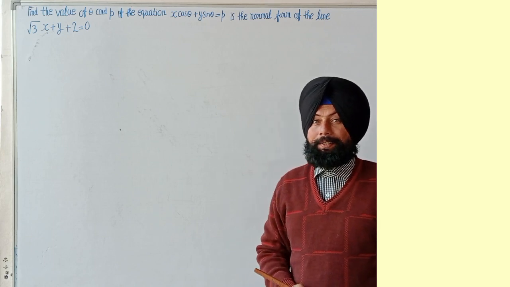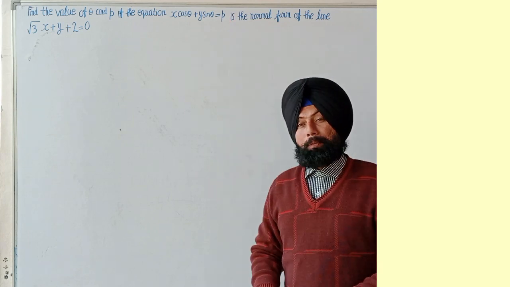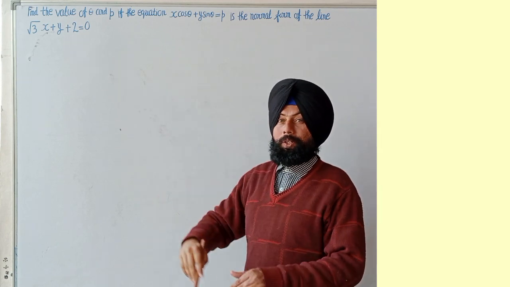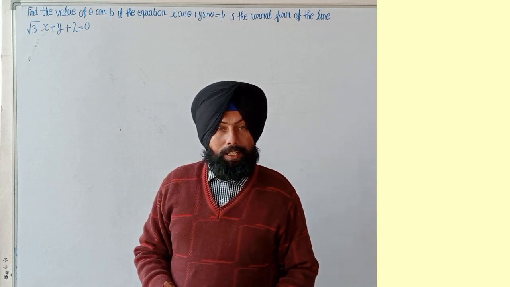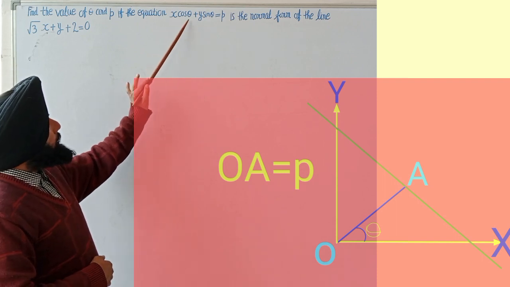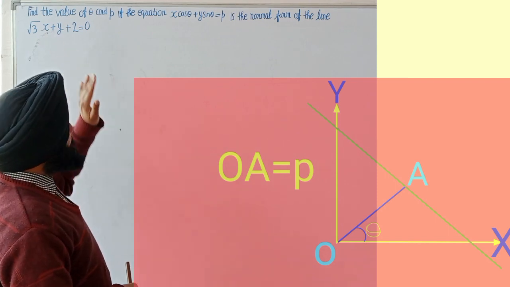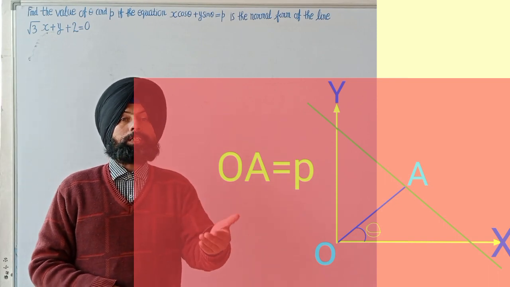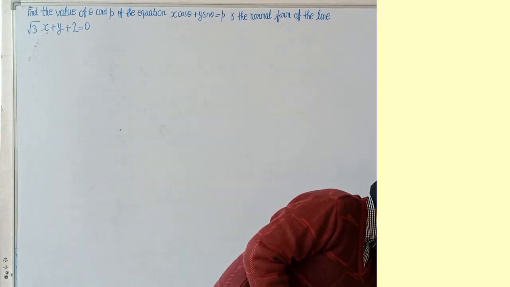So we want to find the value of theta and p, the perpendicular distance of the normal, using this equation.